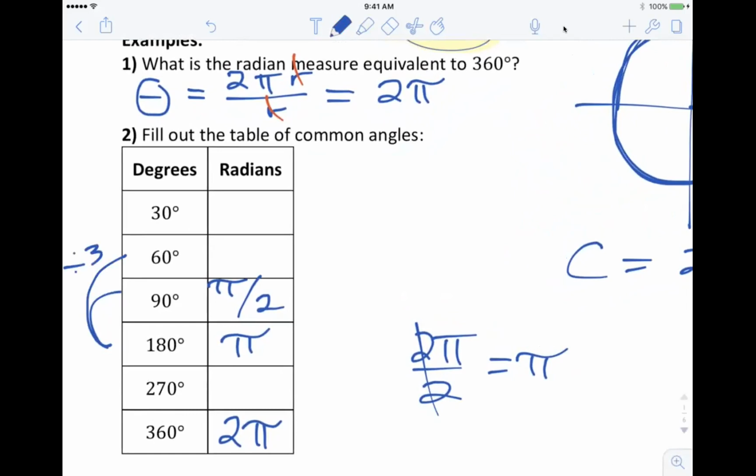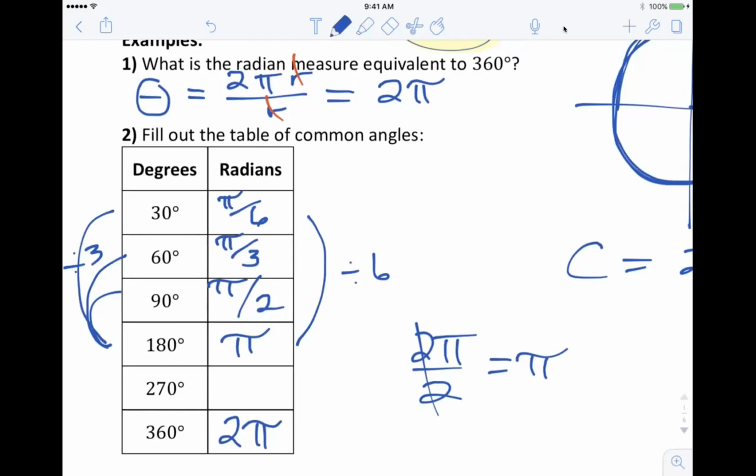So take pi divided by 3, and that's just pi over 3. Okay. And then finally, how about 30 degrees? That's 180 divided by 6. Right? So divide pi by 6. Pi divided by 6. Okay.